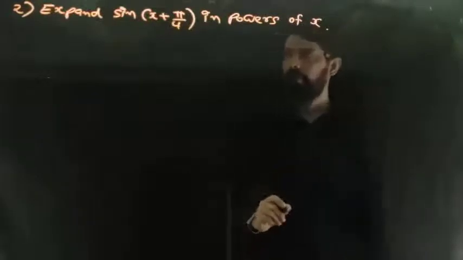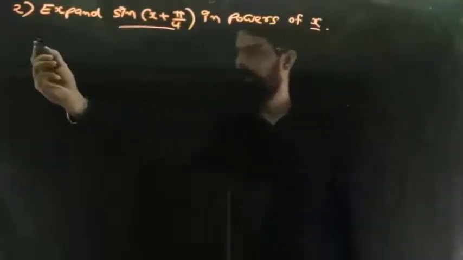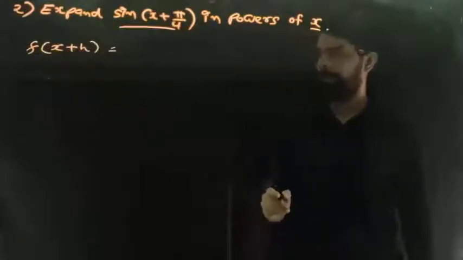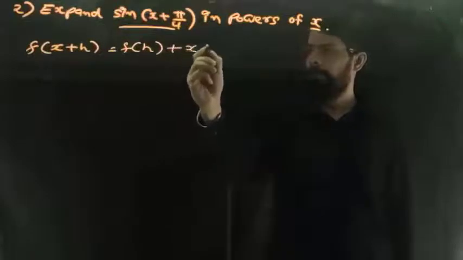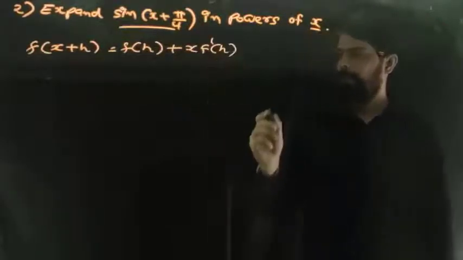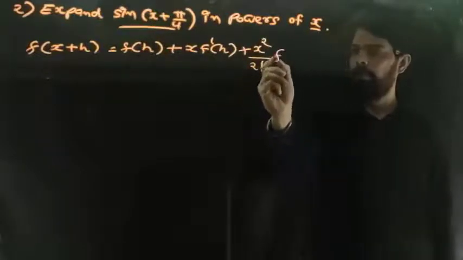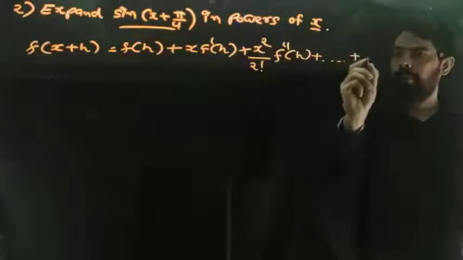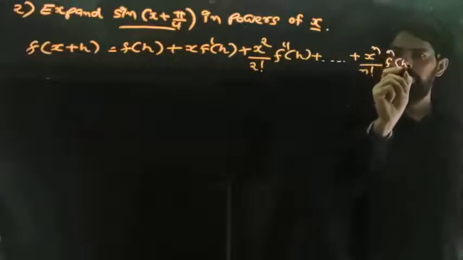As we have studied earlier, the Taylor series of f(x + h) is given by f(h) plus x f dash h plus x square by 2 factorial f double dash h plus so on, and the nth term will be x raised to n by n factorial f n h.